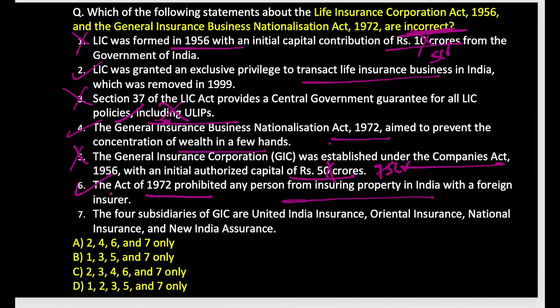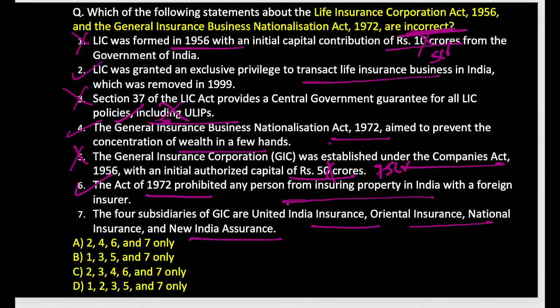Foreign insurance companies can participate, but there will be Indian participation. 4 subsidiaries of GIC are United Insurance, Oriental Insurance, National, and New India Insurance. The 4 are basically now independent. At the time of establishment they were subsidiaries.